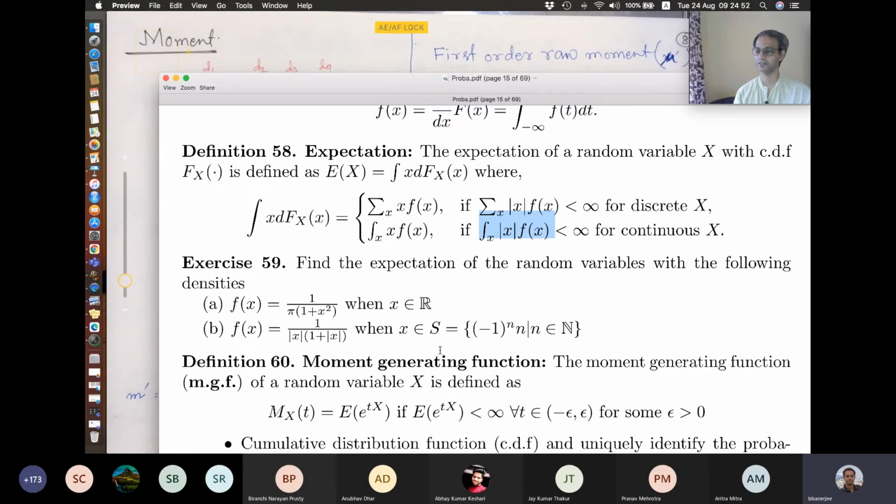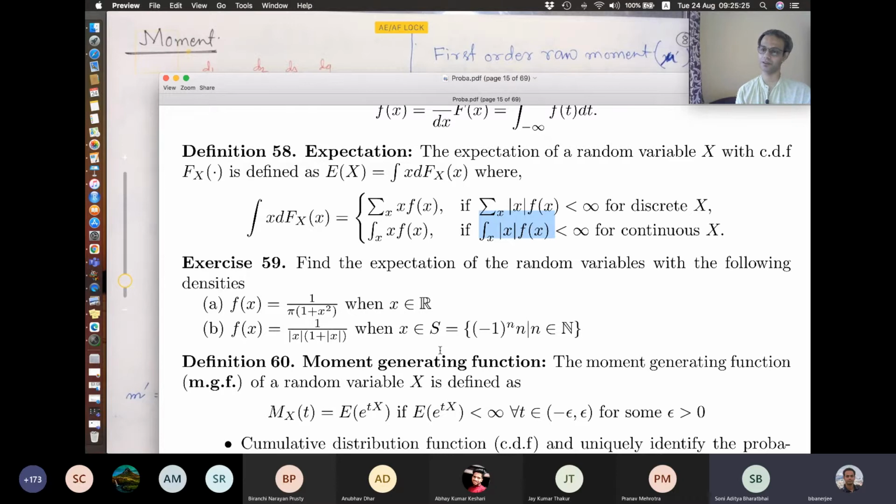Can you say something? If we do not take the mod, then the denominator can become 0. No, the PDF is defined. What will be the problem in expectation? It may become negative if we do not take the mod.